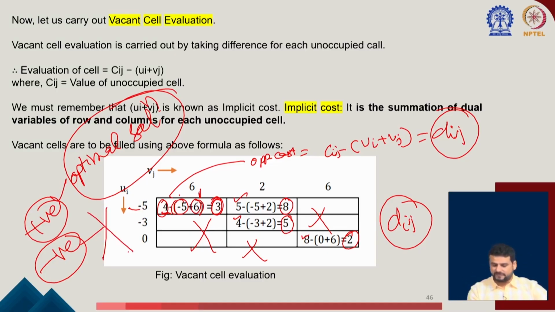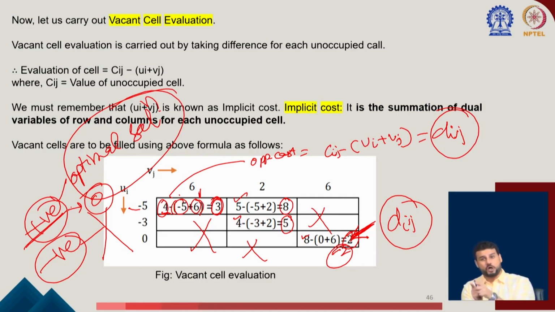Negative, say minus 2, means that if I allocate into this cell, the transportation cost will be further reduced, because minus 2 is the opportunity cost. If I get all positive with at least one 0, that means it is the optimal solution. But if I allocate into a 0 opportunity cost cell, that is another alternative, but the total cost will remain the same. So all three conditions are clear, right.